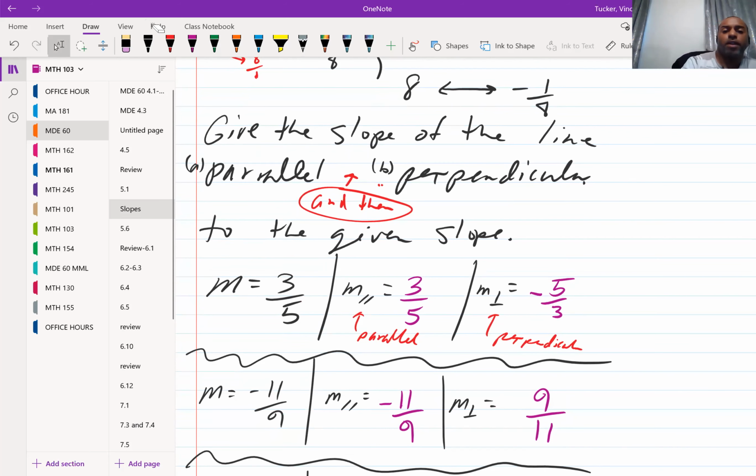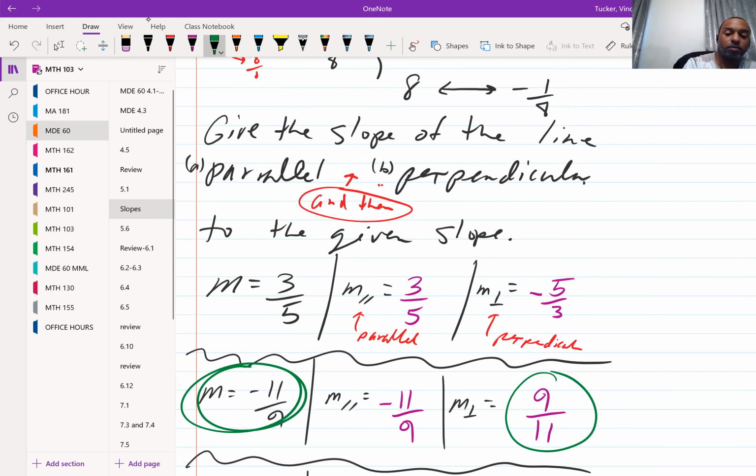So here, if they gave us -11/9 as the slope, if I want a line that's parallel to it, it will be the same exact thing, which is -11/9. If I want a line that's perpendicular to it, I'm going to flip that fraction and use the opposite sign. And that's why I have +9/11 for a line that's perpendicular to this given line.